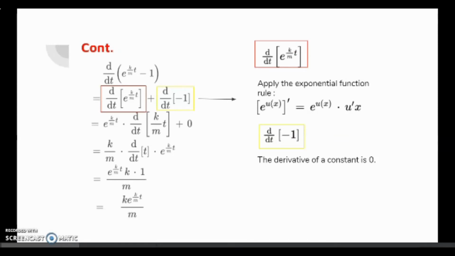The differentiation is linear. We can differentiate the terms separately and pull out constant factors, and we get the derivative of e^(k/m t) plus the derivative of minus 1.